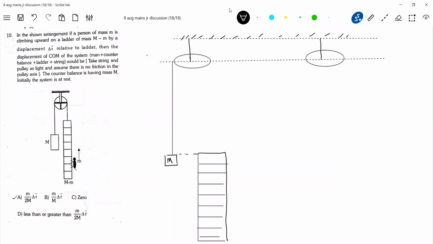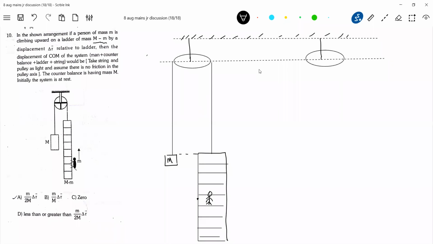So with the person, let it be at the midpoint here. There's a person, and here is the ladder of mass M minus m. So there's the initial diagram. I'm assuming it. So the person starts climbing up.